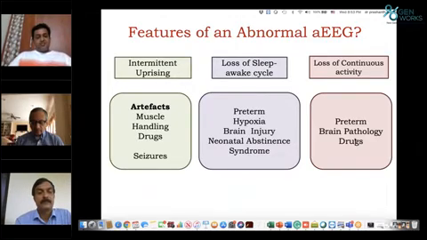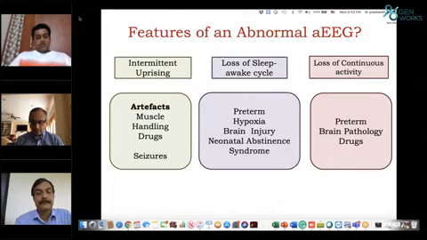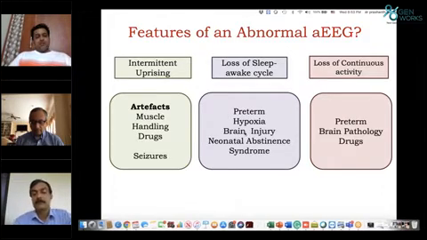It can be seen in stage 2 or stage 3 hypoxia, or brain injury such as intraventricular hemorrhage or periventricular leukomalacia. We can also see loss of the sleep-wake cycle in neonatal abstinence syndrome. I think Dr. Leslie sir will be discussing it, so I will leave it to sir.